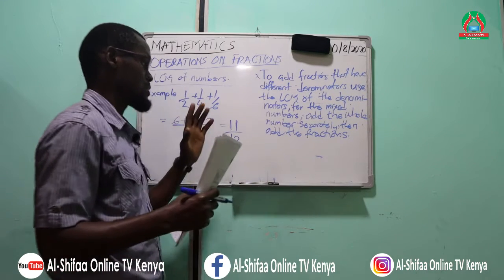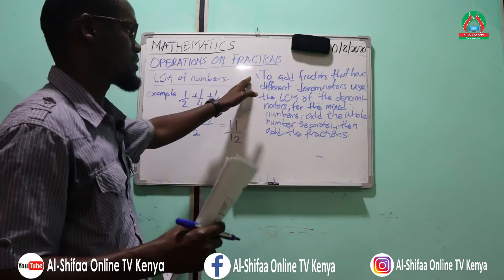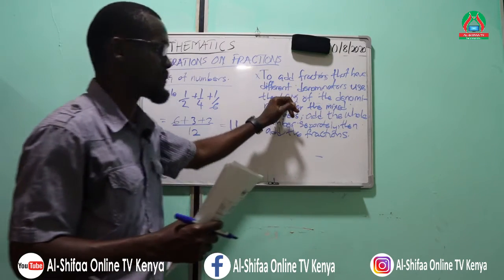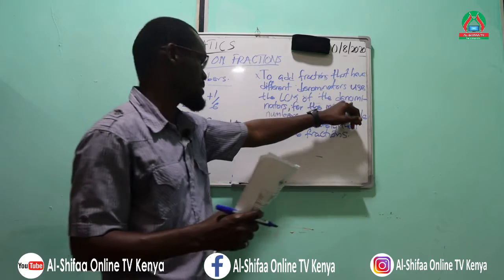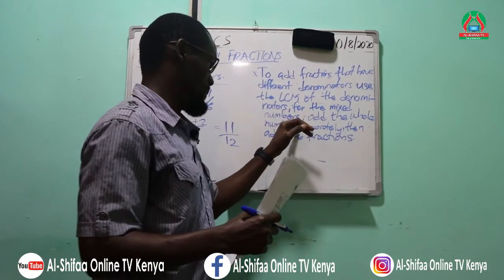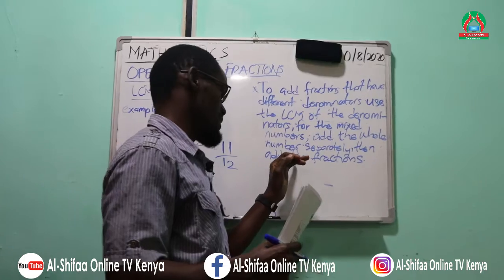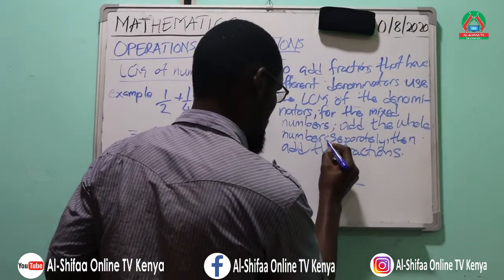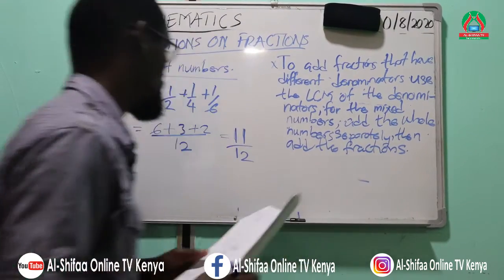So there's a note that to add fractions that have different denominators, use the LCM of the denominators. Then for mixed numbers, add the whole numbers separately, then add the fractions.